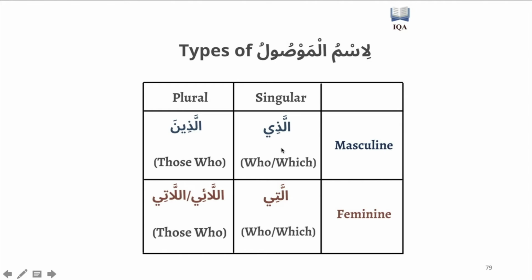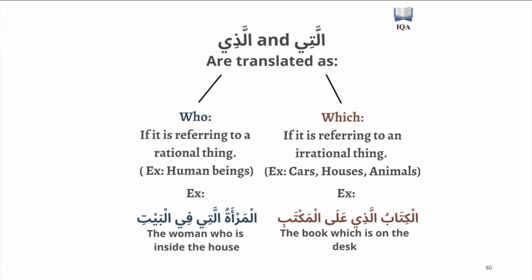Now I mentioned that alladhi and allati can be translated as who or which, depending on the context. How do I know which one it means? Alladhi and allati are translated as who if they're referring to a rational thing, so human beings and things of that nature. Al-mar'atu allati fil bayt. Al-mar'atu, the woman, allati is referring to a woman who's a human being, so we translate it as who is inside the house.